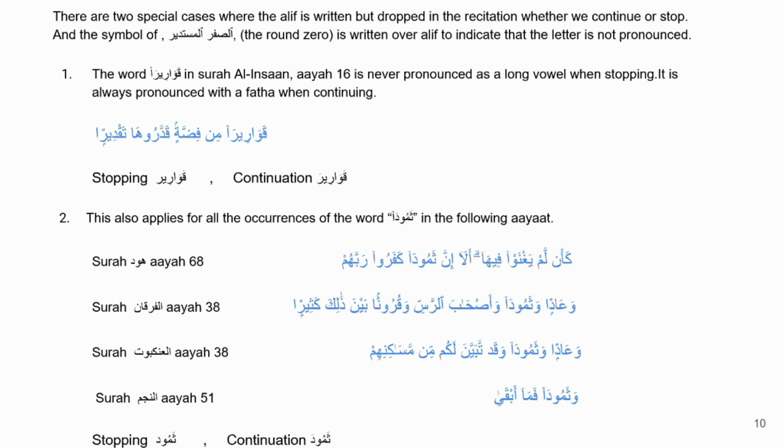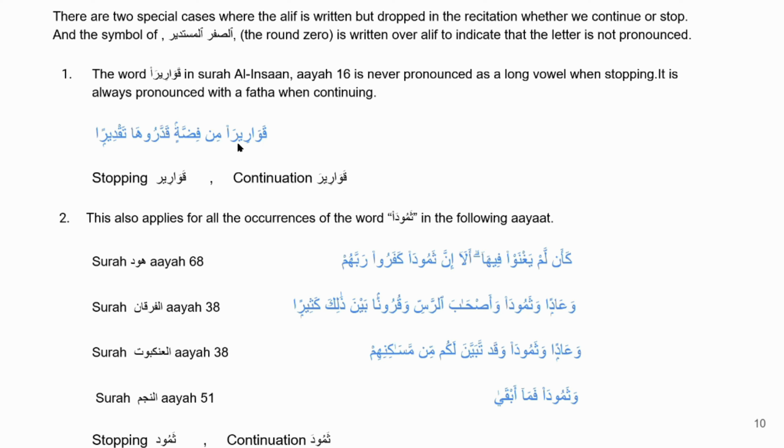Now let's note two special cases where the alif is written but dropped in the recitation, whether we continue or stop. And the symbol of sifr mustadir, the round zero, is written over alif to indicate that the letter is not pronounced. One of them is the word qawarira in Suratul Insan, ayah number 16.